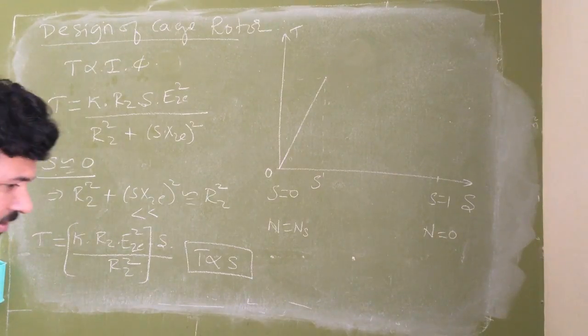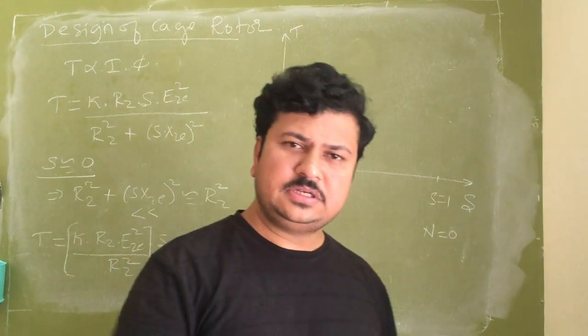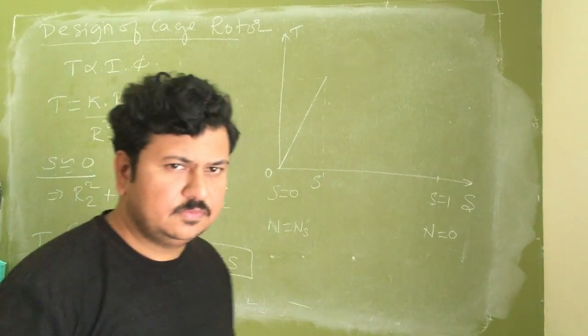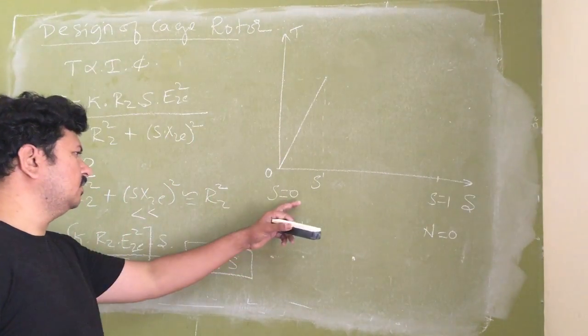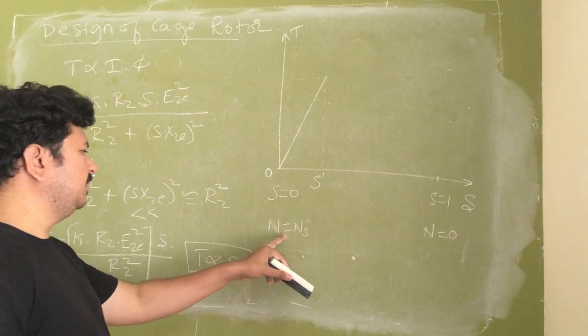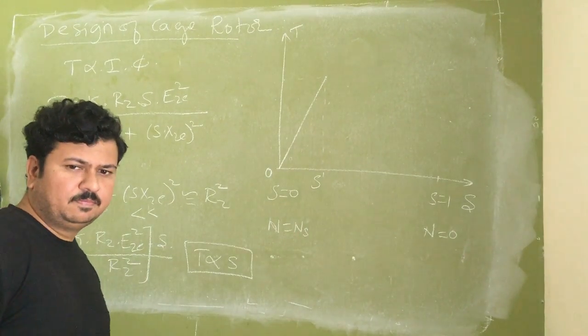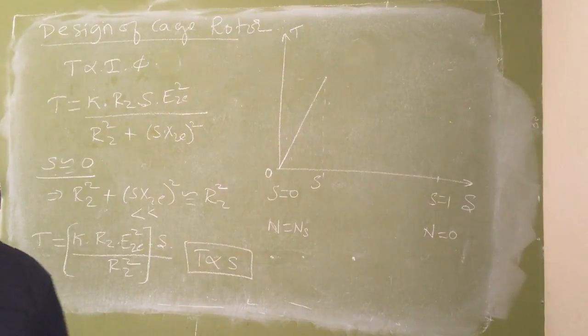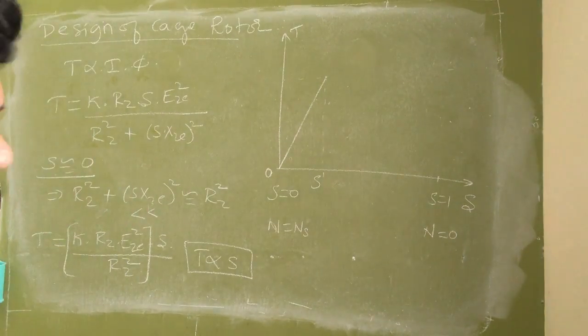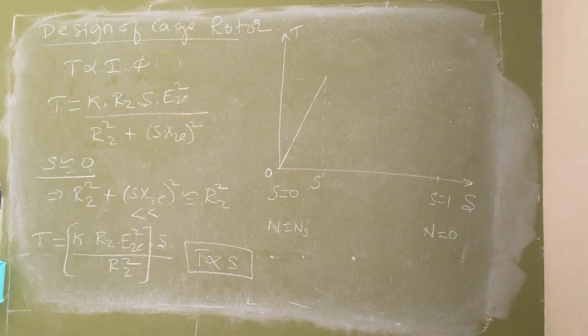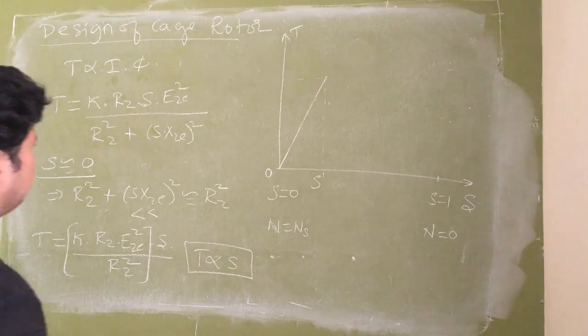As the speed is varying, the slip will also be varying. At S equal to 0, speed was N equal to Ns. Now I am decreasing the speed of the rotor so that it is coming lesser and lesser than Ns. Therefore my slip is increasing.